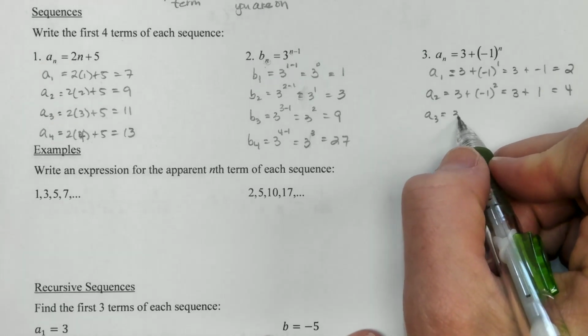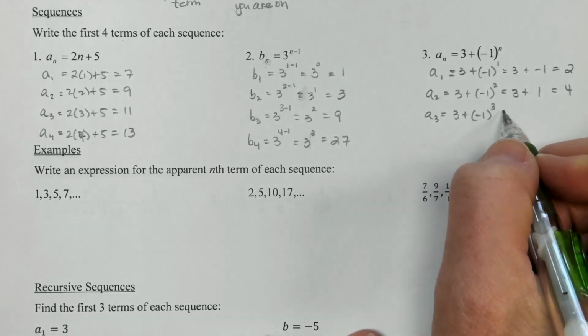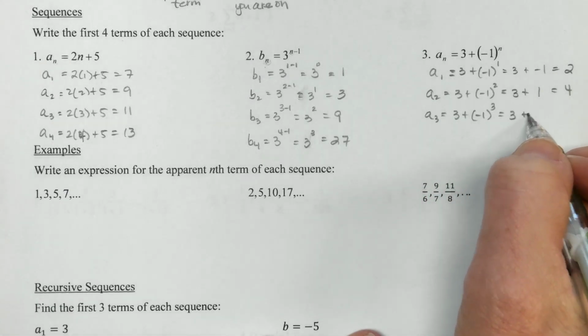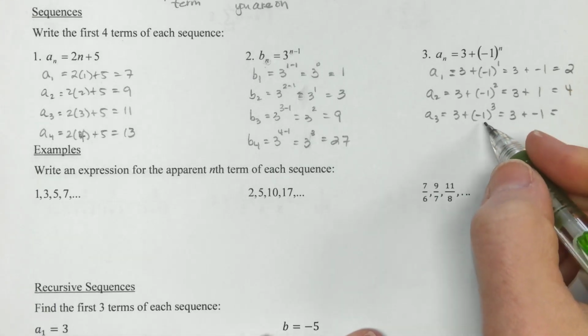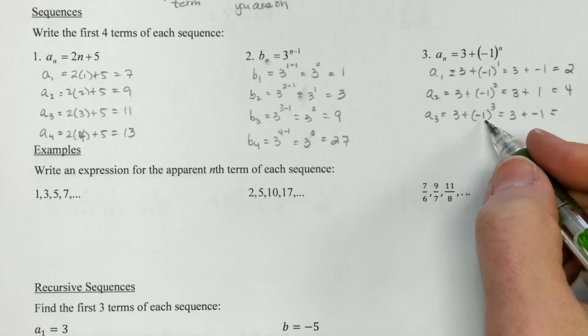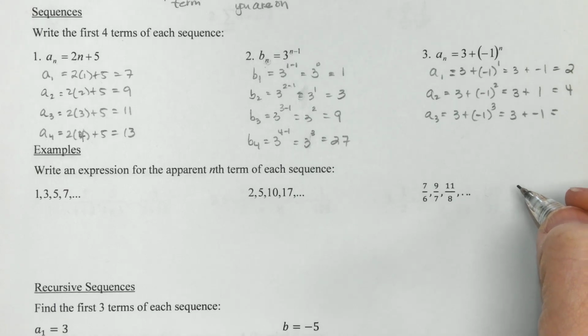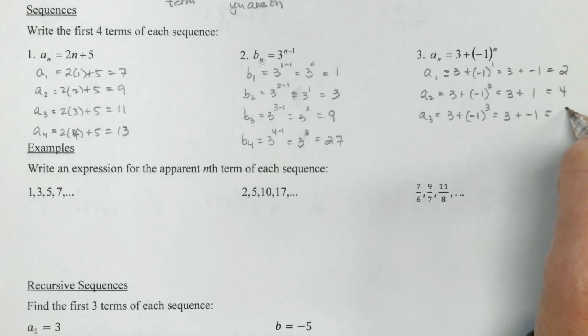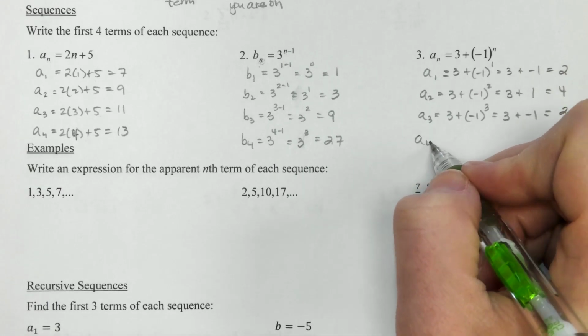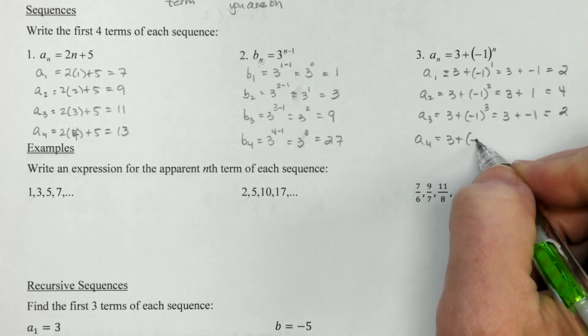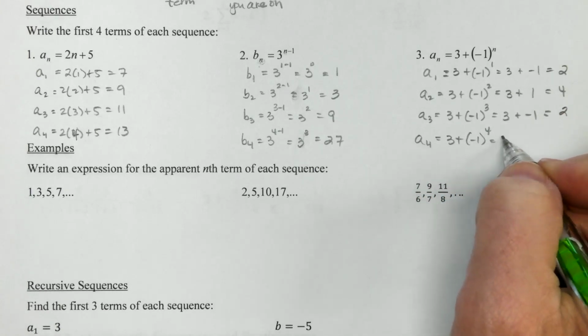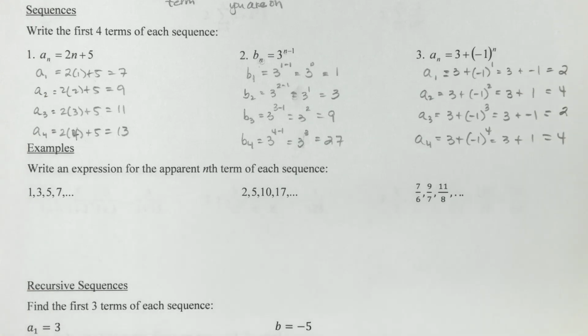Back to an odd, so negative 1 to the third power is going to remain negative. And 1 to any power is still a 1. We're just messing around with the negative back and forth. And then this will be a 2. As soon as I flip this back to an even power, it's going to turn it positive. So that sequence is just flipping back and forth, 2, 4, 2, 4.